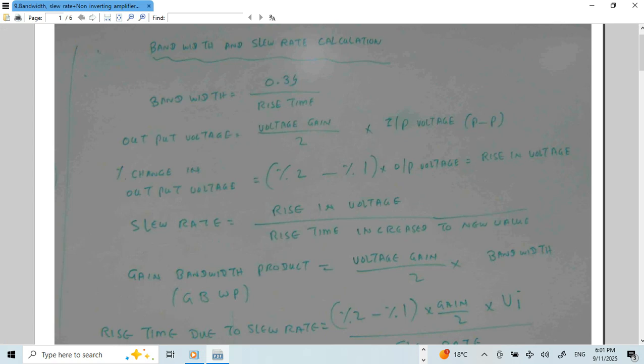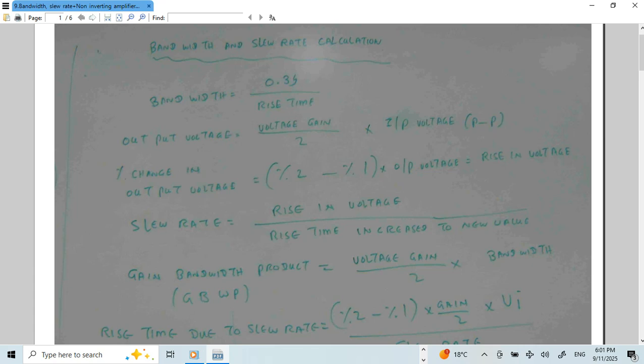This is the input voltage, peak to peak. For the input voltage peak to peak, you have to use the voltage gain 5 and 2. But the input voltage is only half given, so you have to utilize the time. So this is the formula.